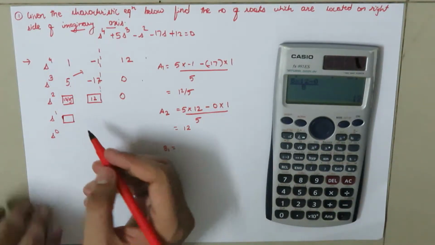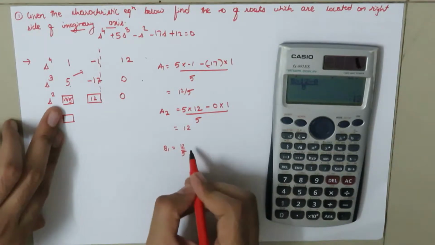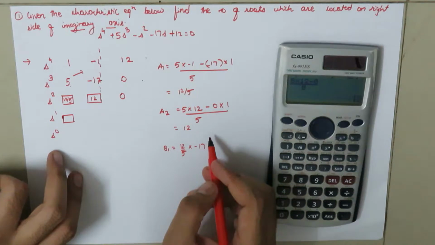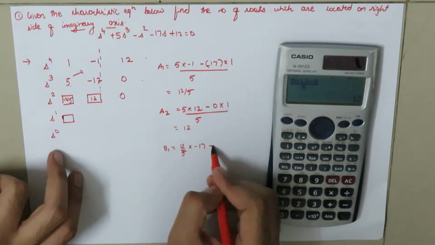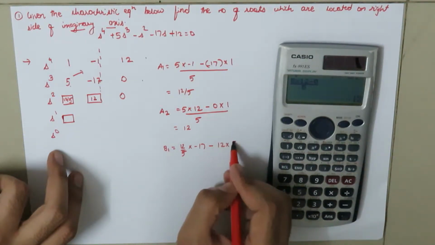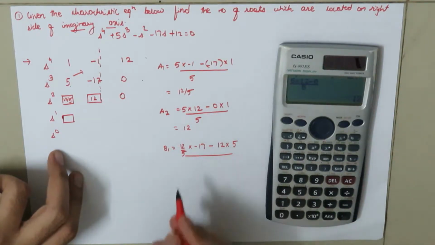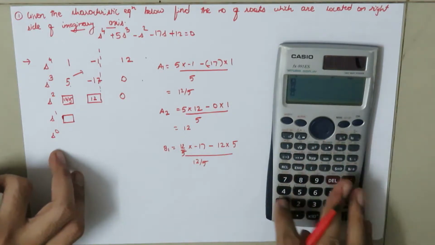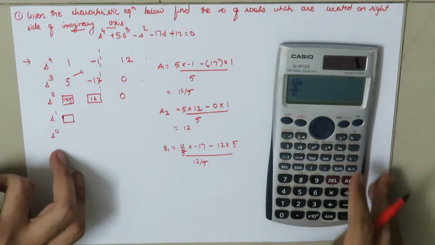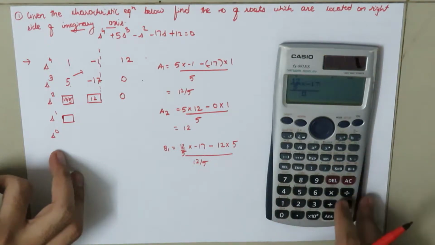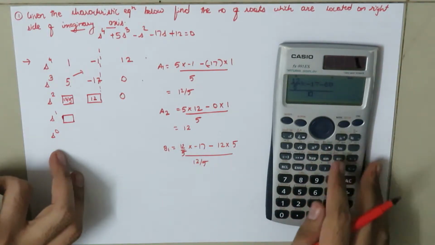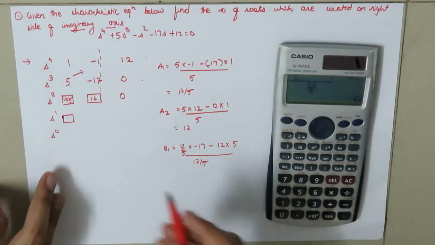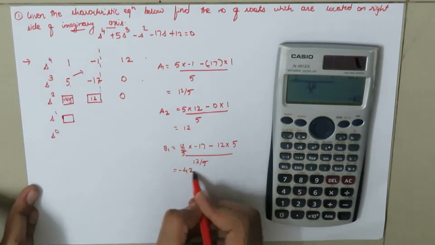And now suppose this element here is B1, so we are going to find what B1 is. B1 will be equal to 12 by 5 multiplied by -17 minus 12 into 5, over 12 by 5. So this will be 12 by 5 multiplied by -17 minus 60 over 12 by 5, which equals -42.